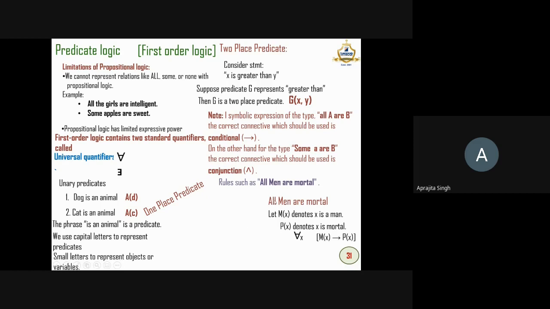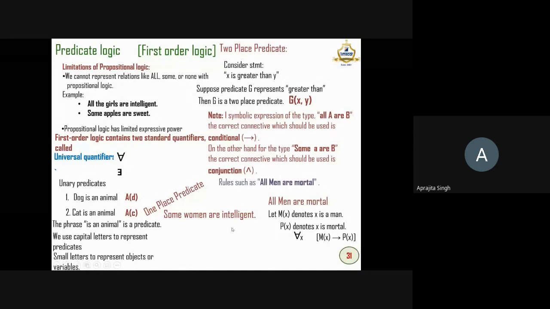All men are mortal. For that you use for every, this symbol, which is the universal quantifier. For all x, for that particular person, if it is a man, then it implies the person is mortal. So this is how we write it.